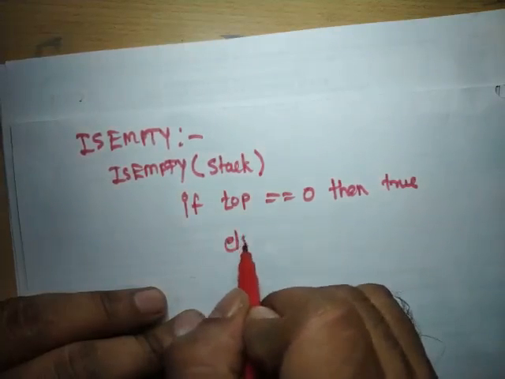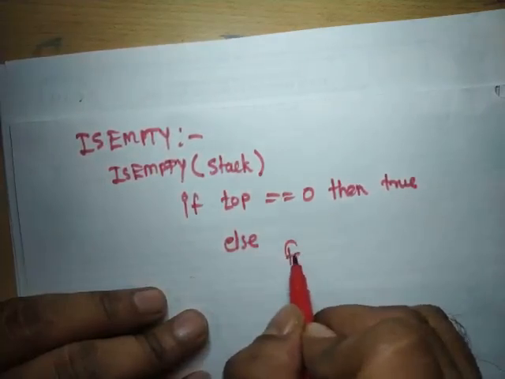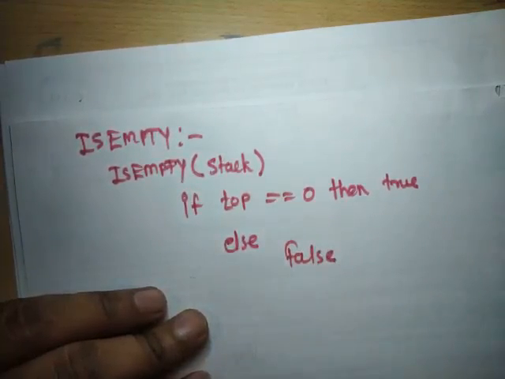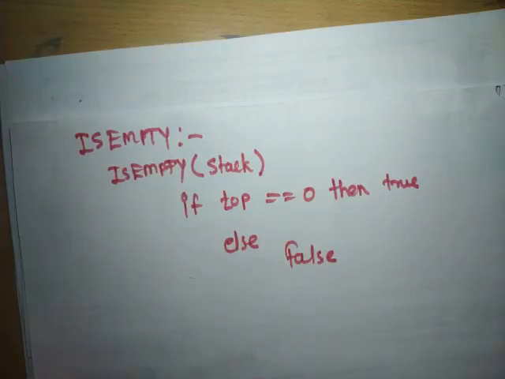Else it will return false, that is, the stack is not empty. So the isEmpty operation checks whether the given stack is empty or not and returns a boolean value.